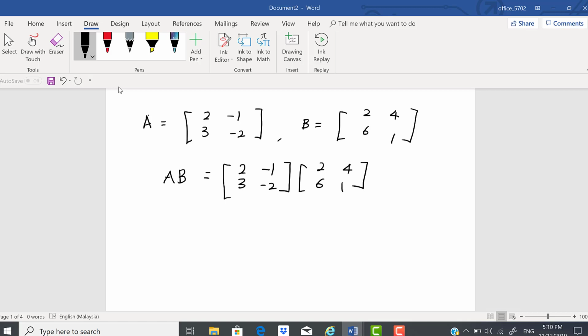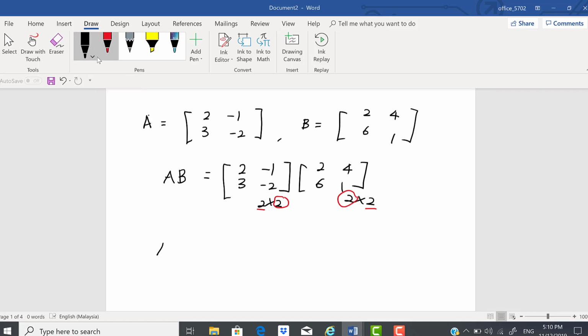Okay, now, the first matrix A has first row and second row, and first column and second column, so it is a 2 by 2 matrix. For the second matrix, matrix B, we also have a 2 by 2 matrix. So we have the same 2 and 2. So the answer must be a 2 by 2 matrix.